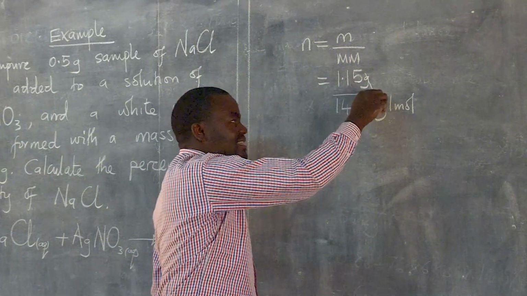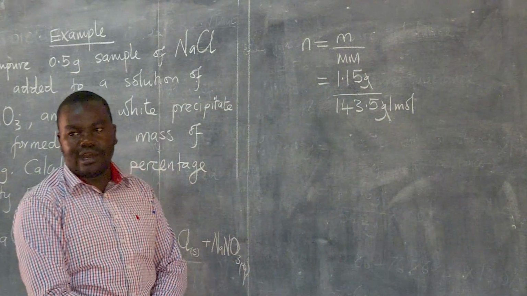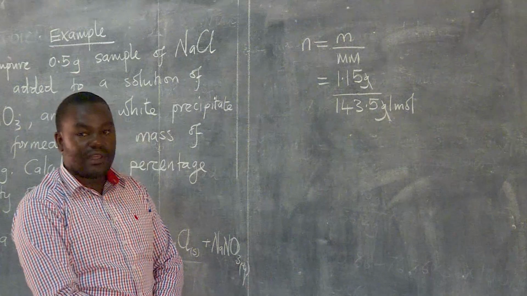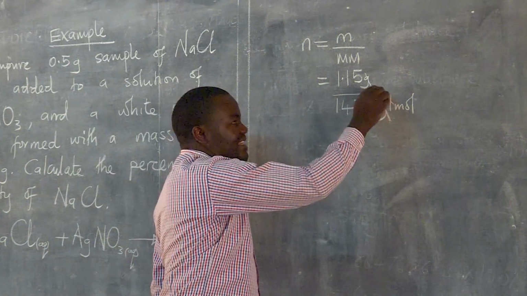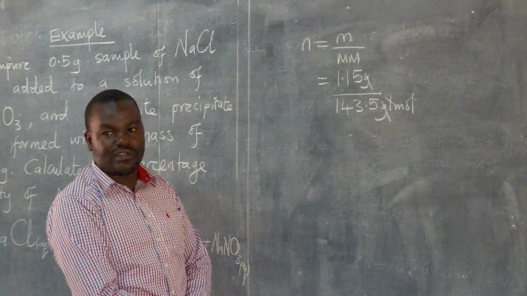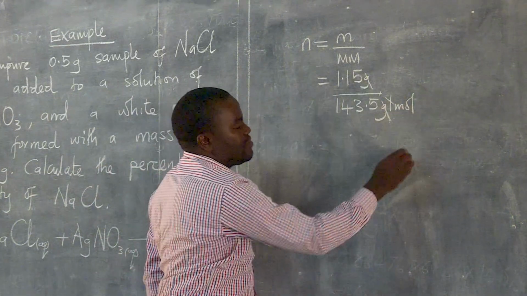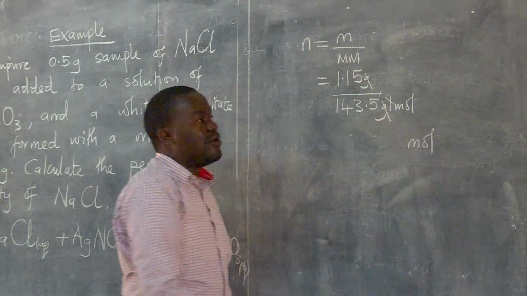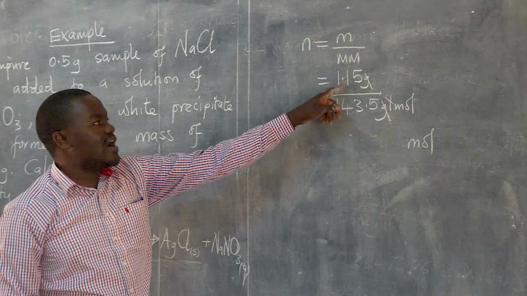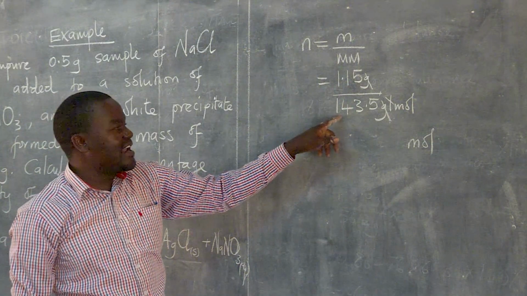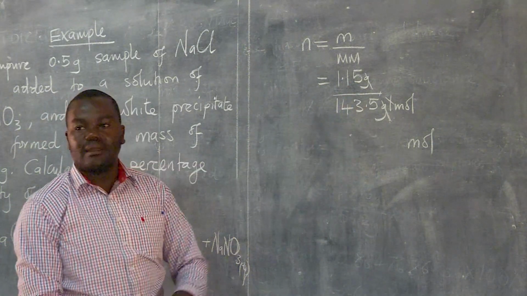This gram and this gram cancel out. This per mole goes on top, so it will just be mole. So what is 1.15 divided by 143.5?